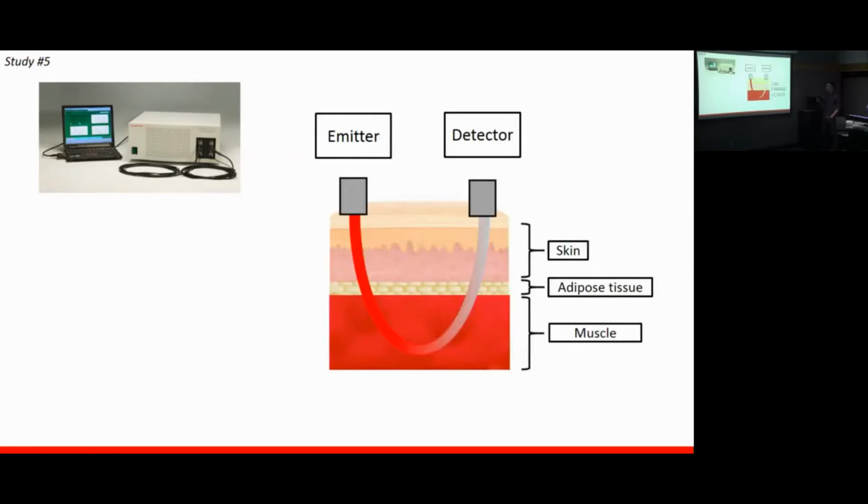If you remember the previous slides, we have an emitter and a detector, and the NIRS that we are using in our lab goes as deep as 3 centimeters. But with this type of NIRS, we were able to get down to 6 centimeters, so slightly deeper, to see if actually there was a redistribution of blood towards the superficial muscle.